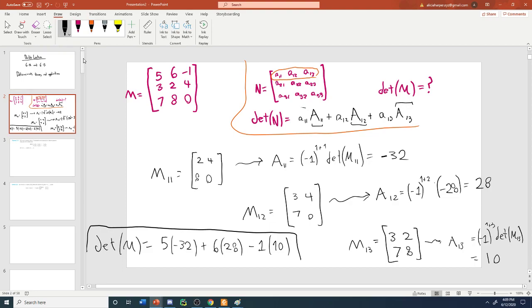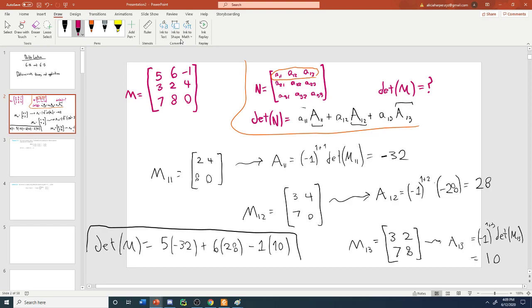So I want to note the procedure that we just executed depended on an arbitrary choice, which is we were giving special attention to the first row, as you can see by the presence of little a11, little a12, and little a13 in this formula. So we were doing a cofactor expansion along the first row.